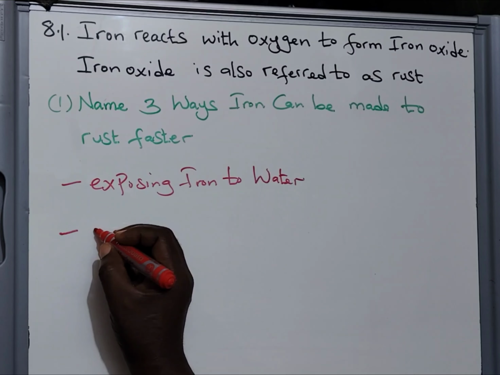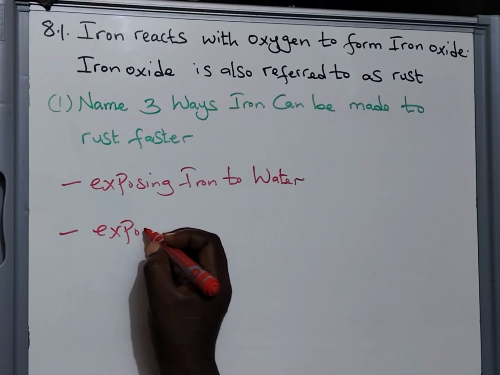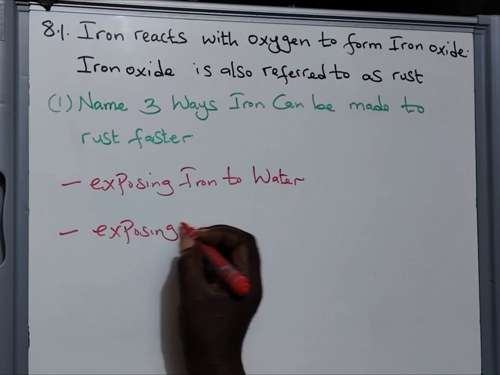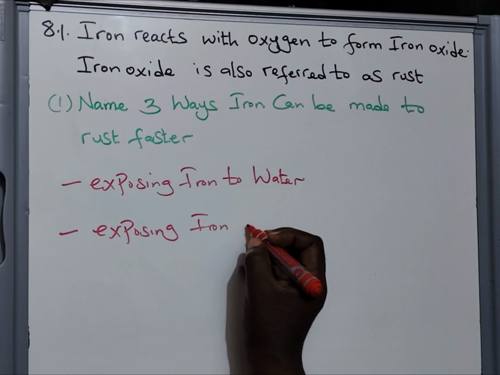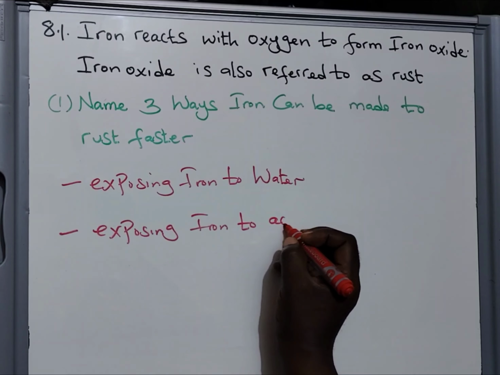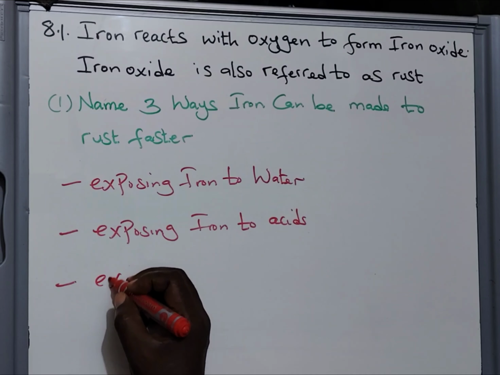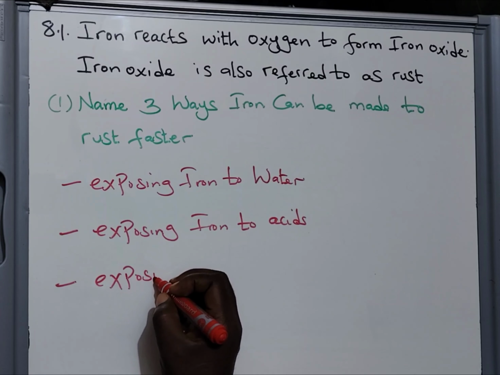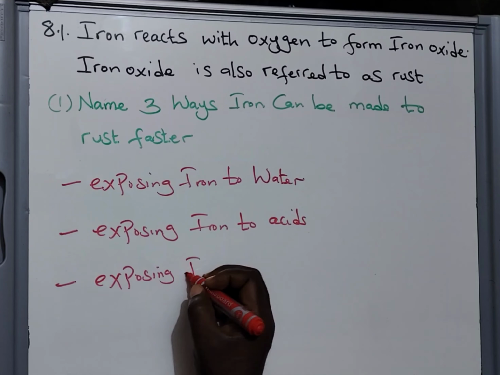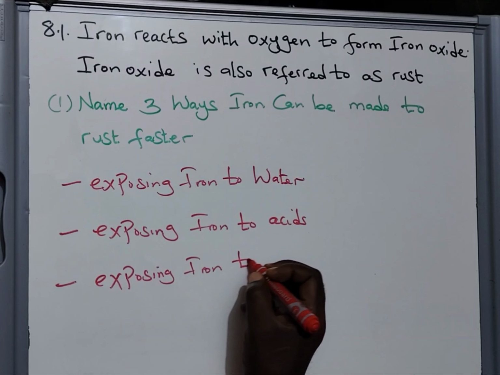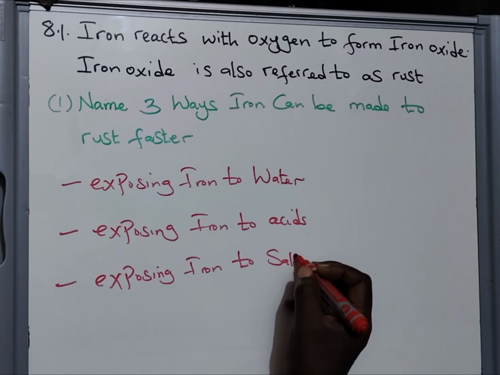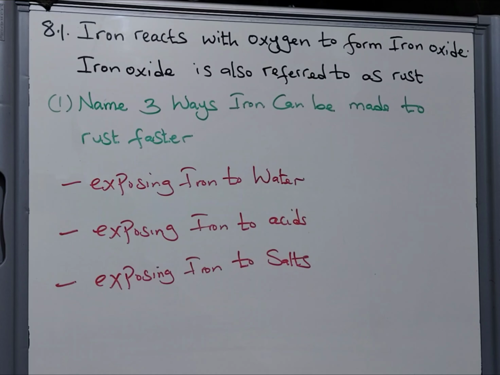Okay, 2, exposing iron to acids. 3, exposing iron to salts. These are some of the 3 ways rusting can be encouraged.